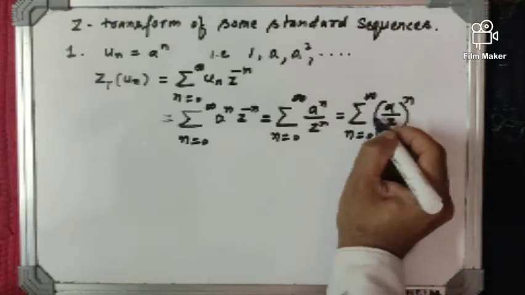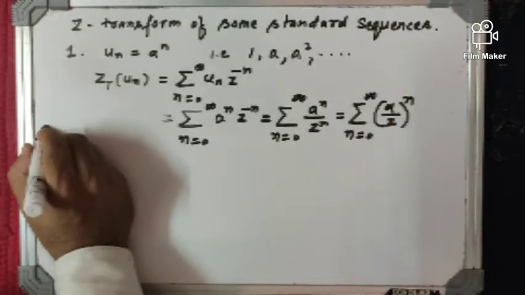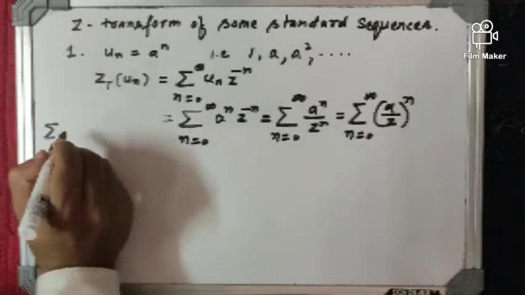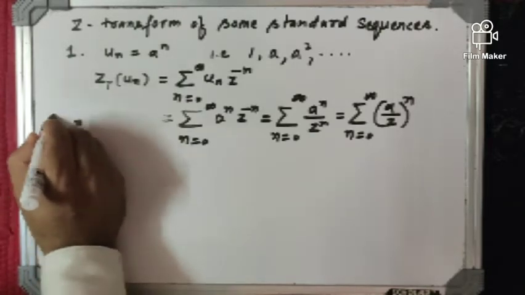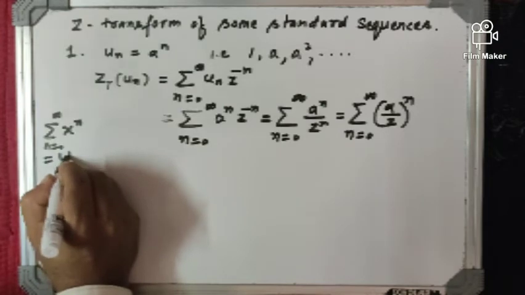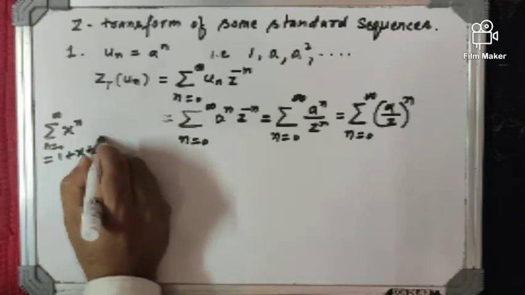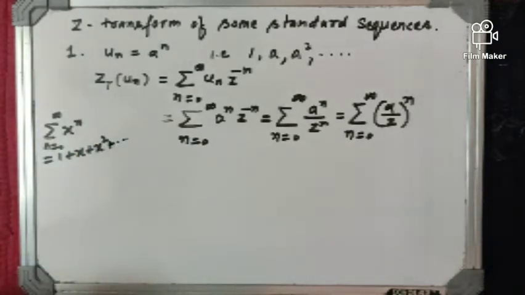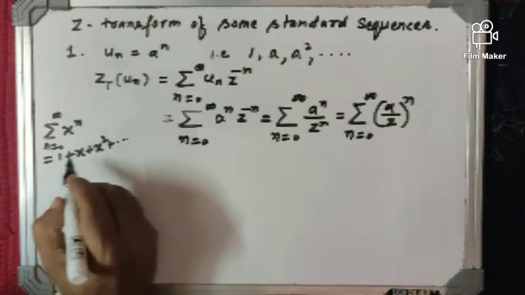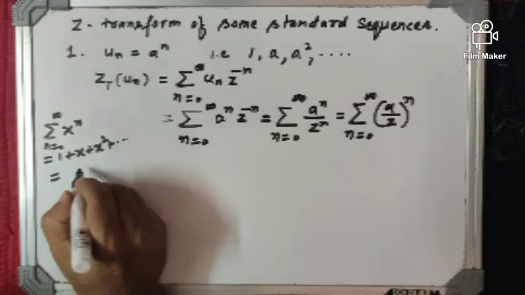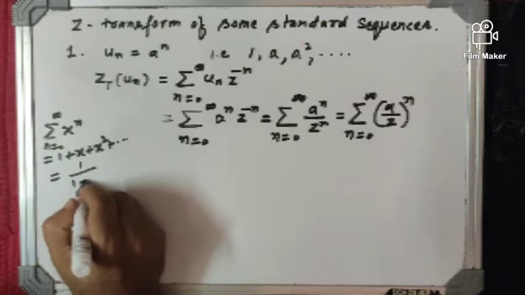Now you can see that this is something like summation x power n, n equal to 0 to infinity. That means 1 plus x plus x square plus etc. This is the geometric series. So you can see that this sum is equal to 1 by 1 minus x.